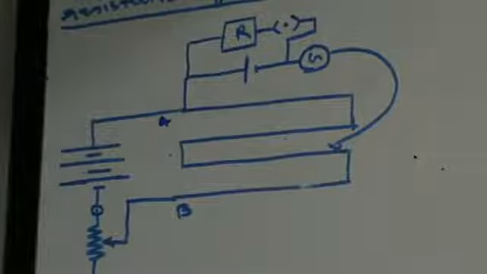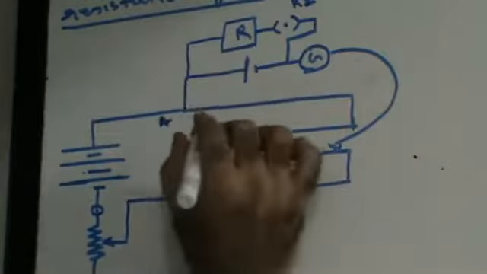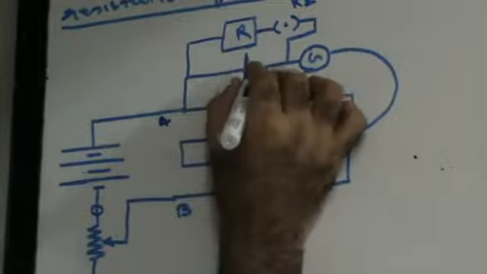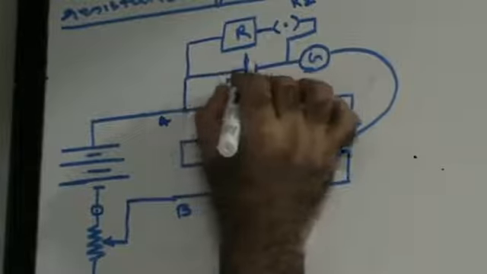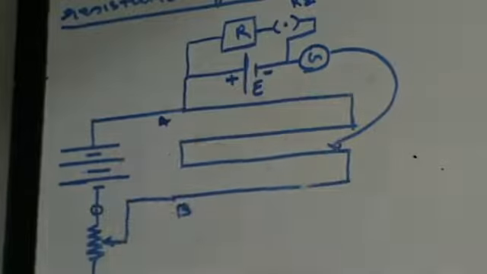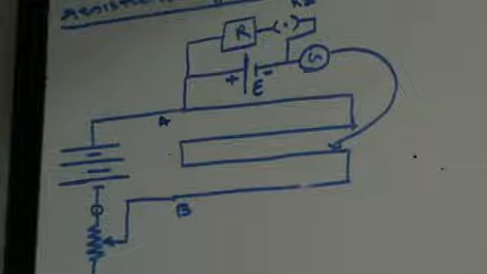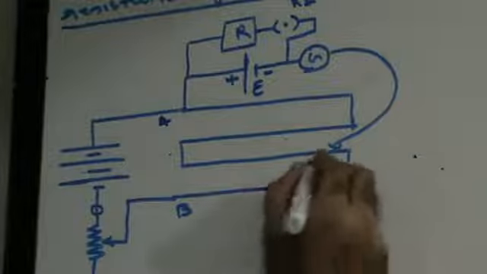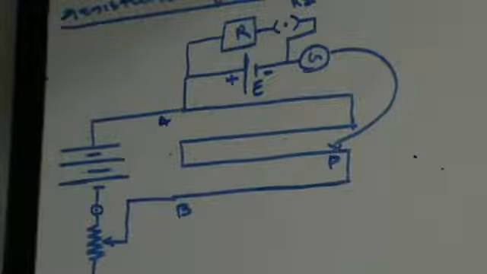Let's call this key 2, K2. This is the positive and negative terminal of the cell whose internal resistance has to be determined. Let's assume that the null point is found at point P.